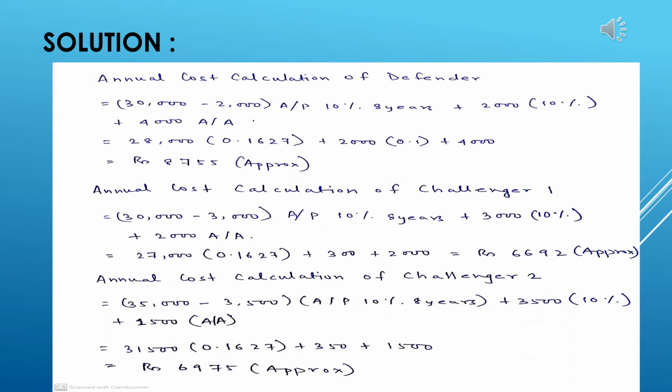The operations and maintenance cost is already annual, in this case 4,000, and that demands no transformation. If we add back all the values, transferring that present worth of 28,000 into annual worth, we get the value approximately at 8,755 for the first machine, the Defender machine.